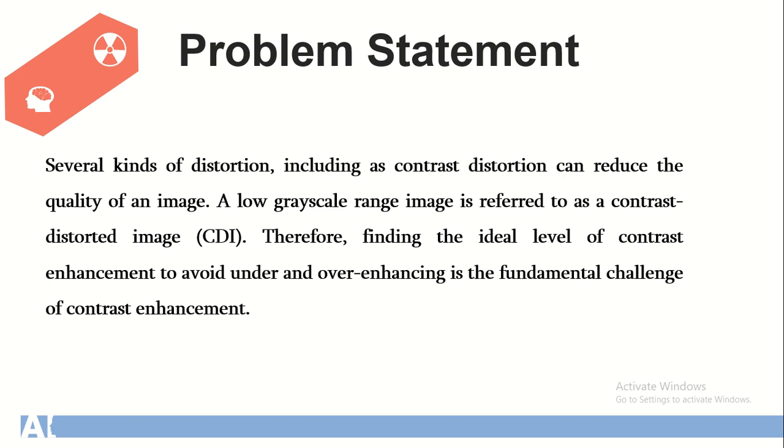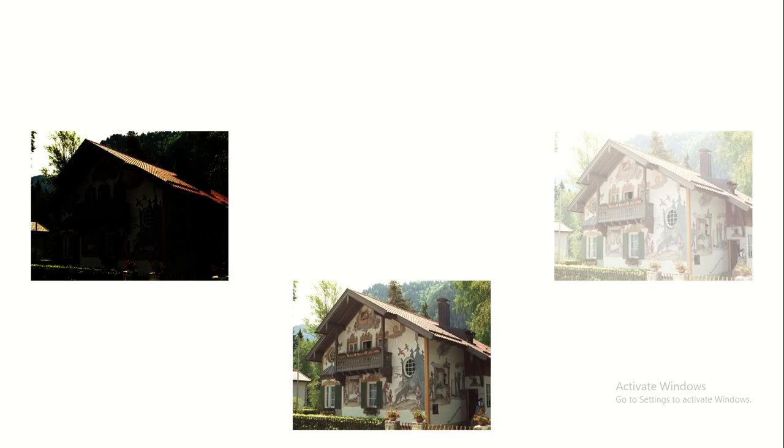Therefore, finding the ideal level of contrast enhancement to avoid under and over enhancing is the fundamental challenge of contrast enhancement. In this image, the left is under enhancement, the right is over enhancement, and the middle is optimal enhancement.